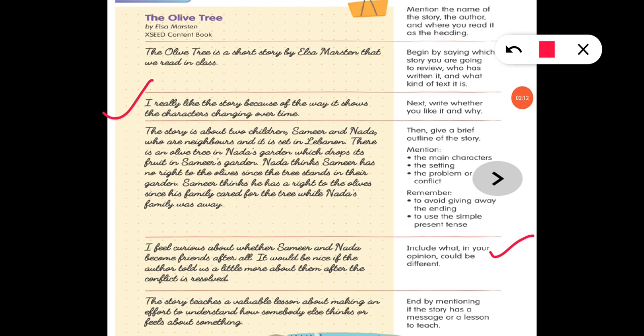After reading this, now think of the story, The Olive Tree, and make notes on the following in your notebooks. First, write down 3 words to describe this story. Secondly, write down the main events and problems in the story.